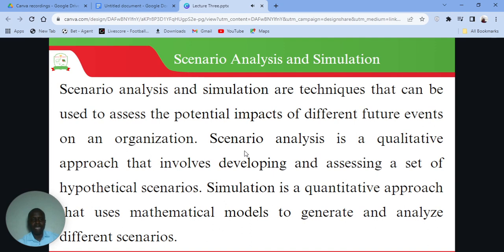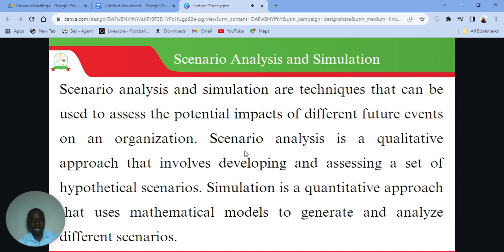The other one is scenario analysis and simulation. These are simply techniques that can be used to assess the potential impacts of different future events. Scenario analysis is a qualitative approach that involves developing and assessing a set of hypothetical scenarios. Then we do what we call simulation, and we use mathematical models to generate different scenarios.